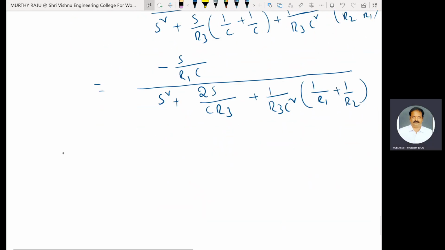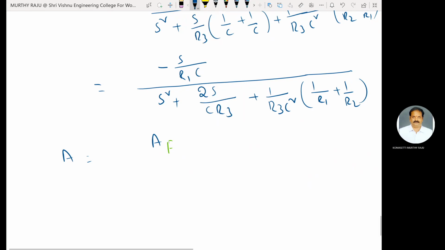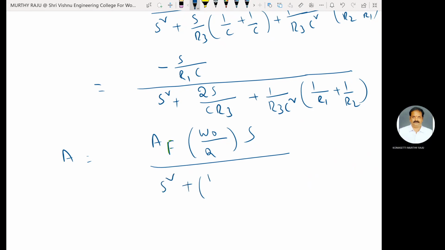Compare this equation with the general equation. A is equal to A naught, that is, the gain of that filter is given by AF omega naught by Q, by S square plus omega naught by Q S plus omega naught square.